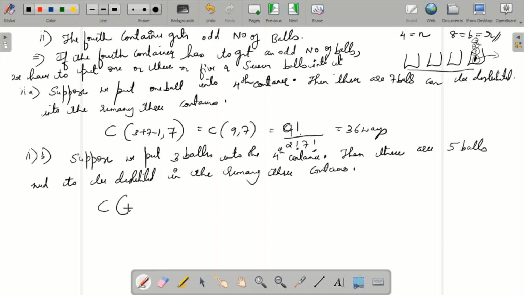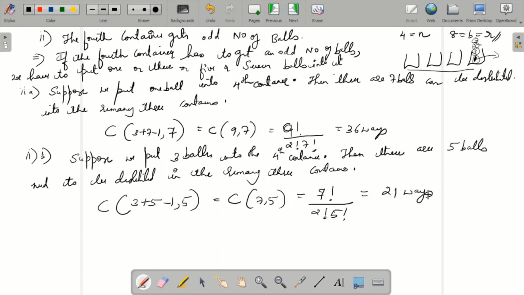That would be combination of 3 plus 5 minus 1 comma 5, so combination of 7 comma 5. That is 7 factorial divided by 7 minus 5, which is 2 factorial, into 5 factorial.